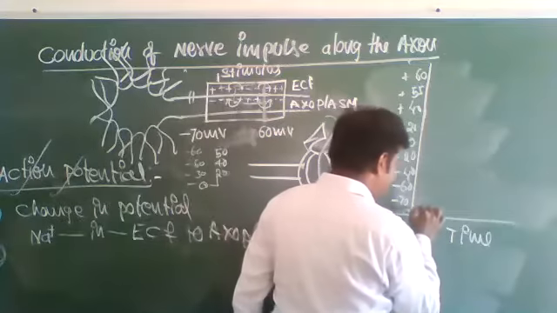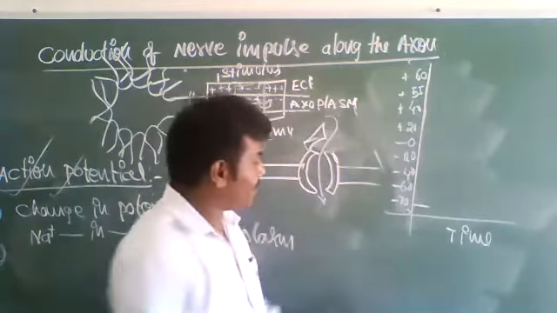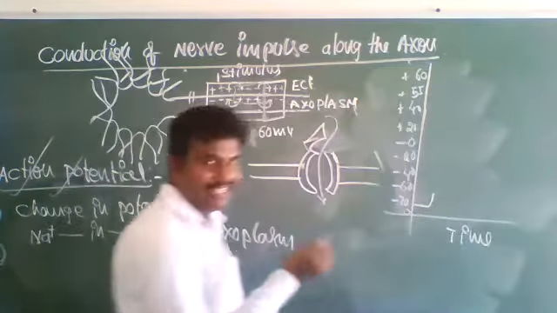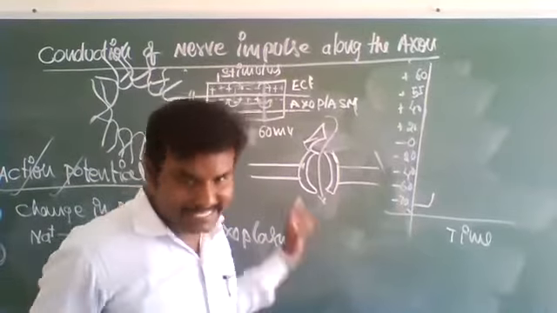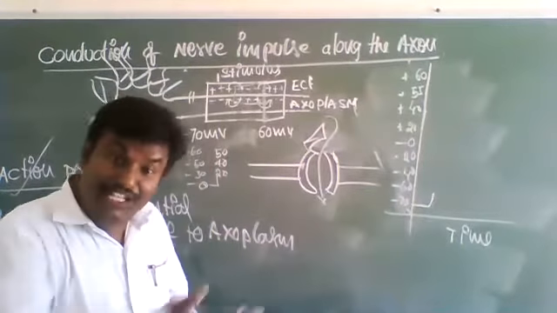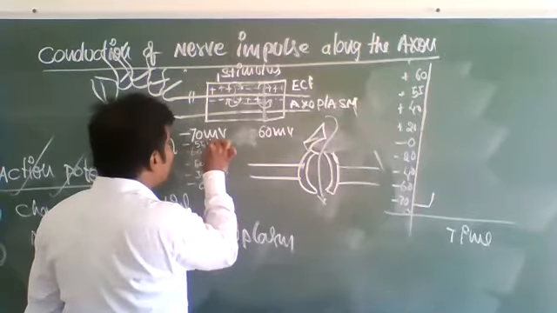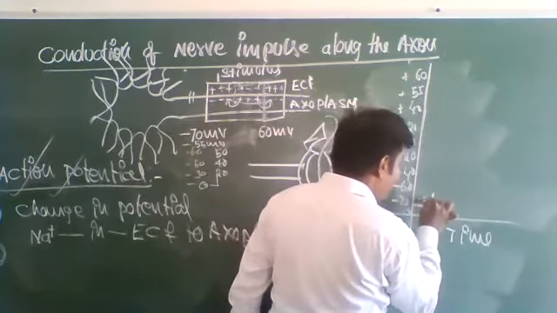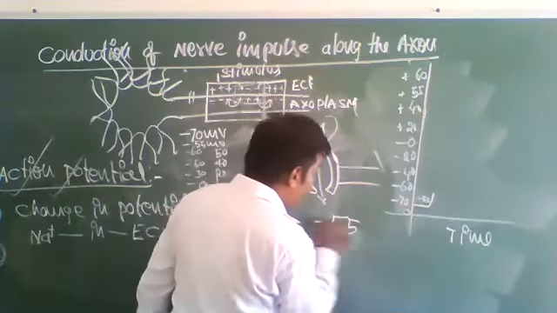The resting state is minus 70. When slow initiation happens, it becomes minus 55 millivolts. When initiation happens, it is minus 55.